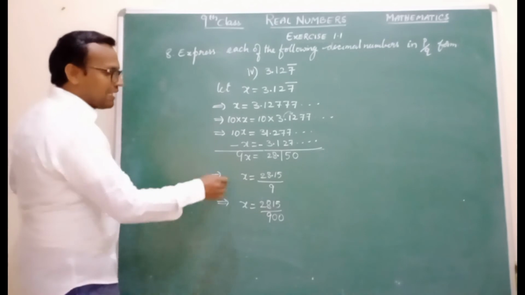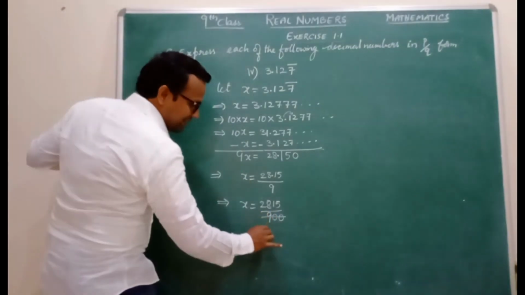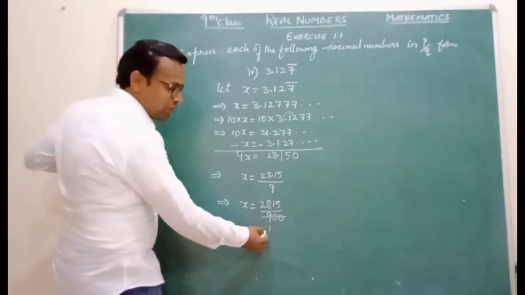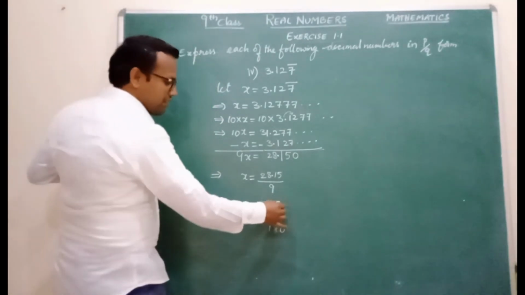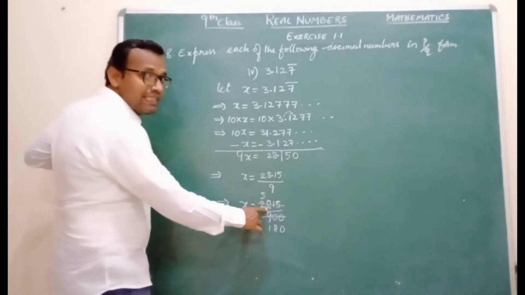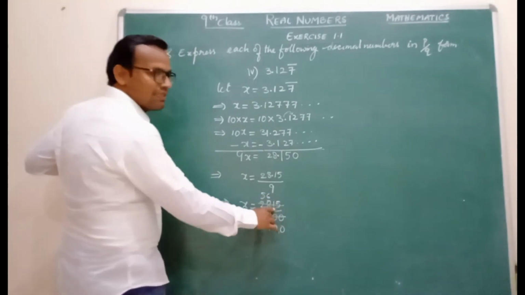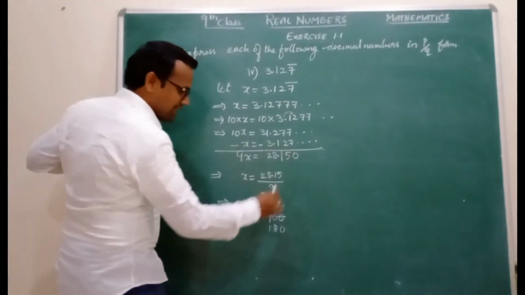Now this has to be simplified. 5 ones are 5. Out of 9, 5 gone. So 4, 4 0 40. 5 8s are 40. 5 zeros are 0. Now 5 5s are 25. Out of 28, 25 gone. 3 left. 3 1 31. 5 6s are 30. 31 minus 30, 1 left. 1 5 15. 5 3s are 15.